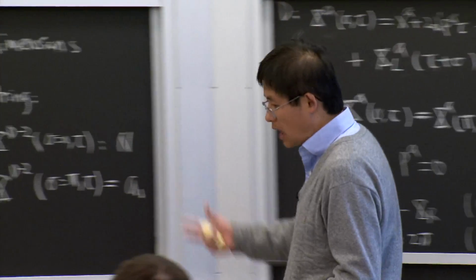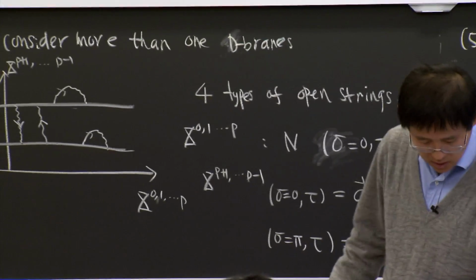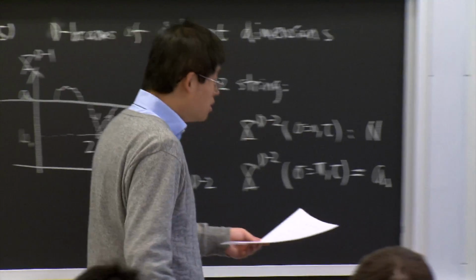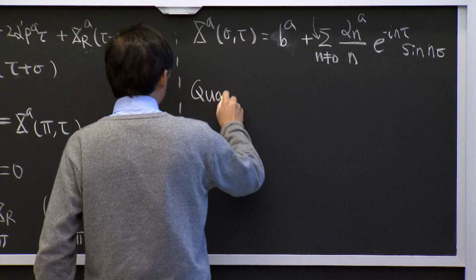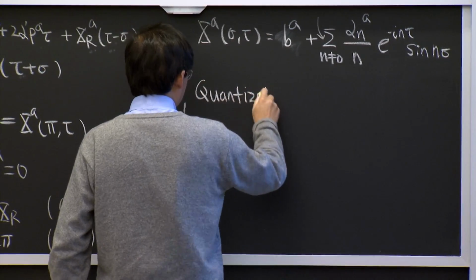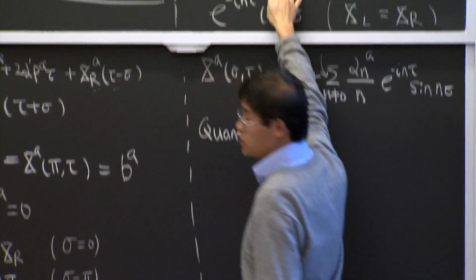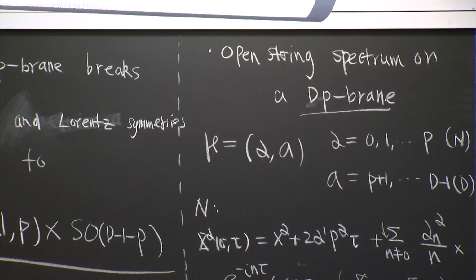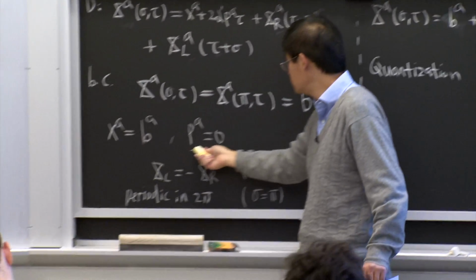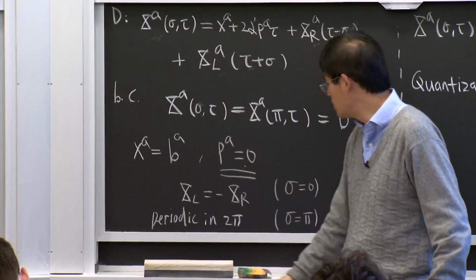So now you do quantization. The quantization in Neumann boundary condition is of course identical to before. First let me just explain the P_a equal to 0. I just make one remark.